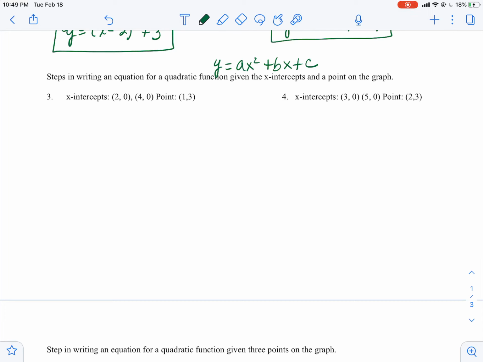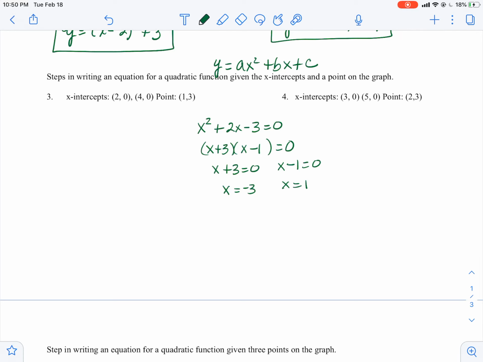Now, I want to back up and talk a little bit about how I find the x-intercepts. If you'll remember, if I had an equation, let's give you something easy, and I factored it, and then I set each factor equal to 0, this was a -3 and this was 1.